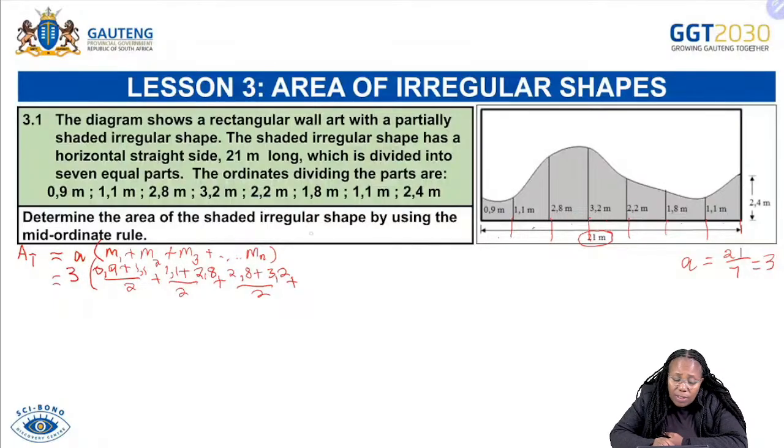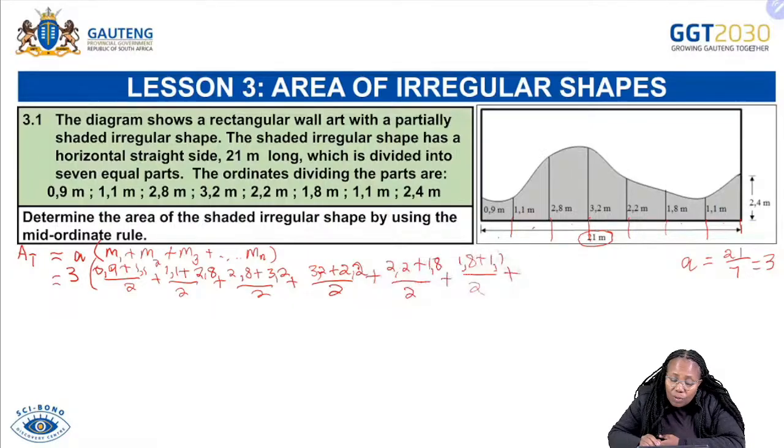Plus the next ordinate 3,2 plus 2,2 over 2. And then plus the next one will be 2,2 plus 1,8 over 2. Followed by 1,8 plus 1,1 over 2. Plus the last one will be 1,1 plus 2,4 over 2.